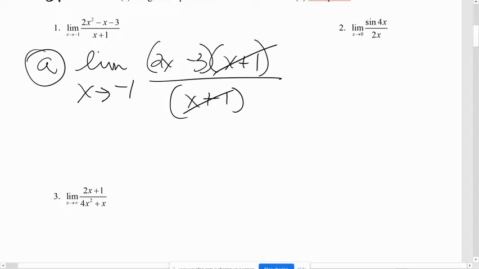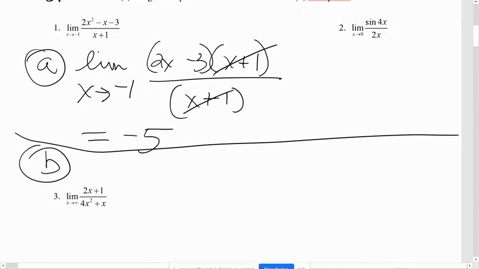And then if you substitute in -1, you don't have an issue anymore, and it becomes -5. All right, so that was first semester. You might have to go back and look at those notes because we haven't done that in a while. That's the very first thing that we did in the fall. All right, so now we're going to do L'Hopital's rule.